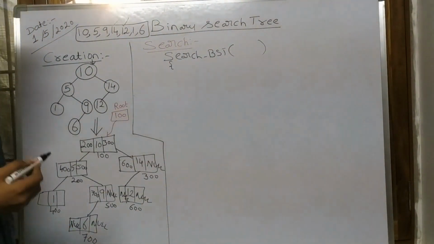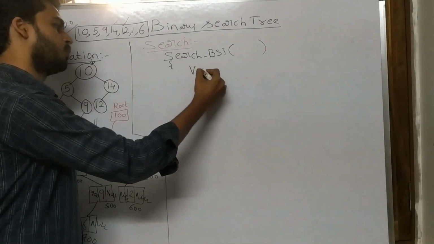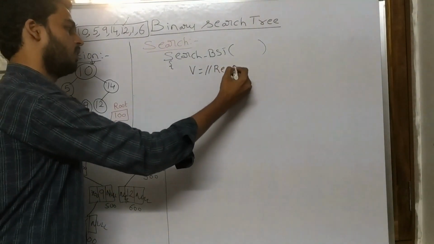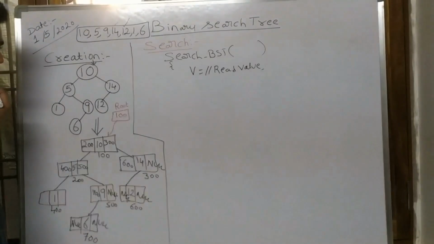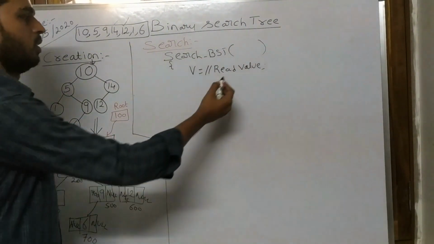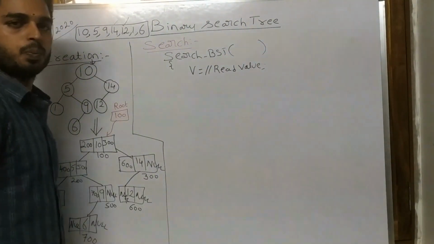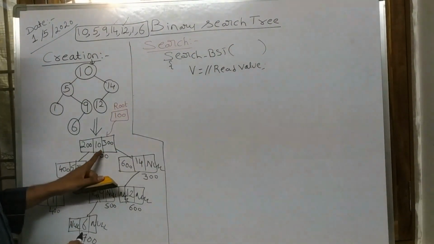So before going to search, you need to read some value. That value I am going to place in some variable v. After reading the value, you need to check it with the corresponding root node.